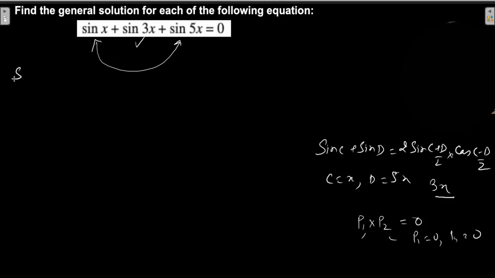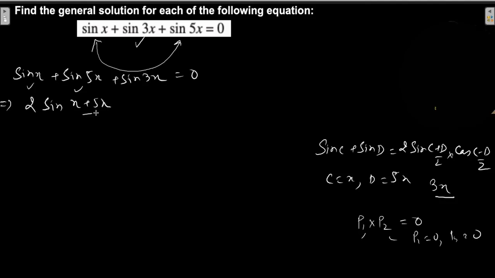So we'll put sin x plus sin 5x together, and then we'll keep sin 3x separately, and this is equal to 0. Now sin c plus sin d, we'll put 2 into sin of (c plus d) by 2 into cos of (c minus d) by 2. And then my sin 3x remains as it is.